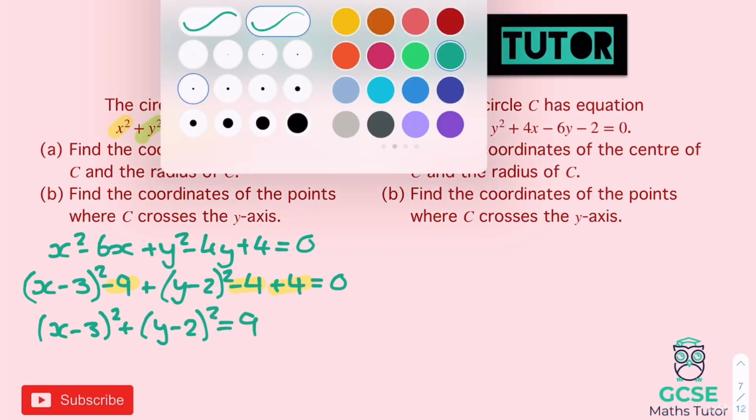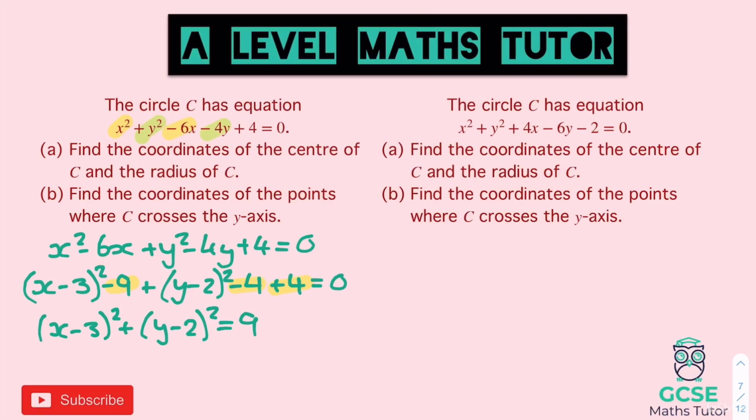So getting our centre points, we've got minus 3 and minus 2, so no worries there in terms of the symbols. But we've got the centre, which is going to be 3, 2. And then the radius, which is the square root of 9. So the radius equals 3.